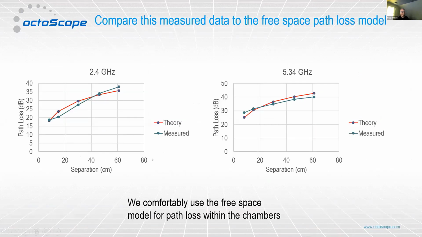When we plot that information, that's the blue curve here, against the free space path loss model, the one I showed way at the beginning in the math slide, you can see how closely the measured data aligns with the free space path loss model. So we very comfortably use a free space path loss model for path loss within the chambers. It's an extremely good model there.